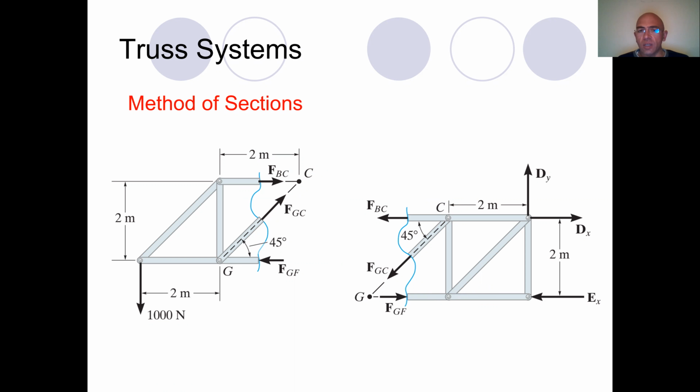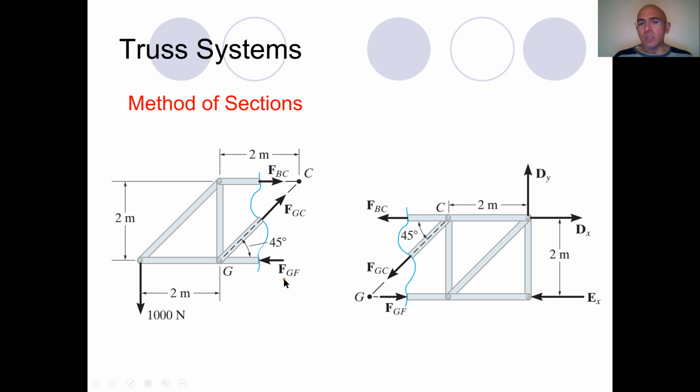We can choose either side of the part. Again, we generally prefer tensile forces. For example, here FBC is tensile, FGC is tensile. FGF is shown as compressive, but it's better to take FGF as tensile as well.